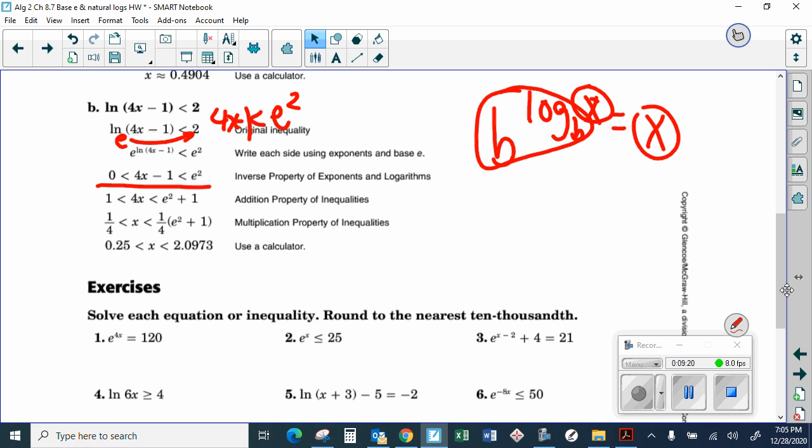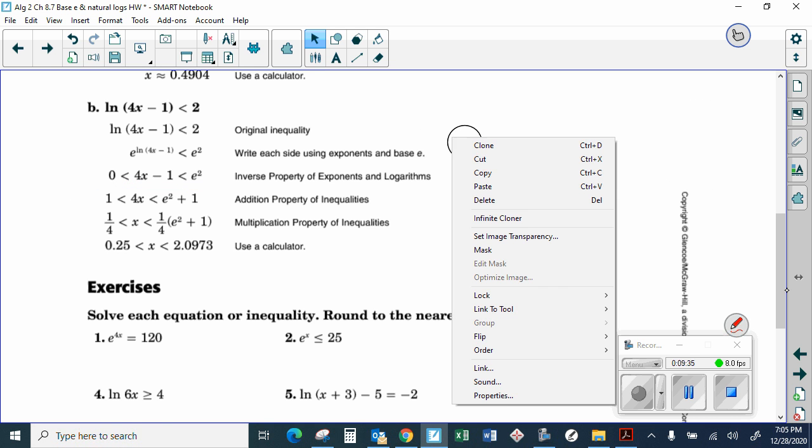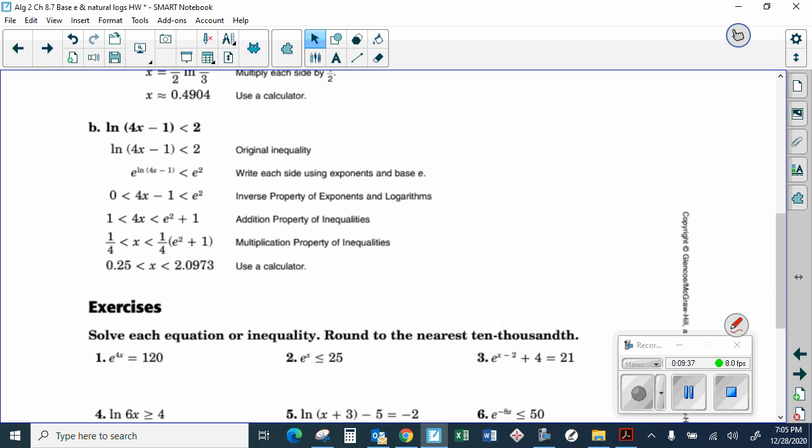So as long as you remember to change to exponential form, that'll also work. But just know that other shortcut, this one right here, helps also. Especially for calculus, because they'll show it and write equations and show work that way as well. So you need to know both ways if you're going on to calculus, just so you know.